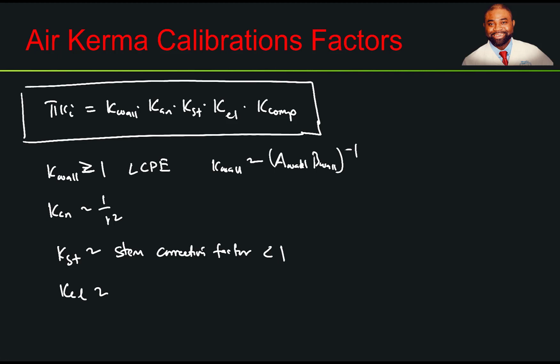It is unity if the electrode is made of the same material as the chamber wall, but it will be less than 1 if the electrode is made of a material different from the material of the walls of the chamber. For example, for a graphite Farmer's chamber with a solid 1 mm diameter electrode made of aluminum, K-elect is about 0.992.